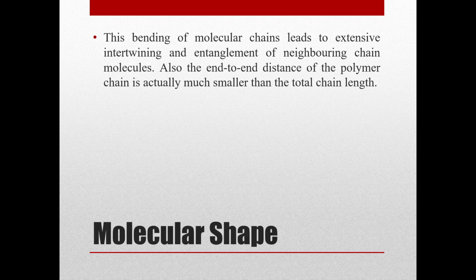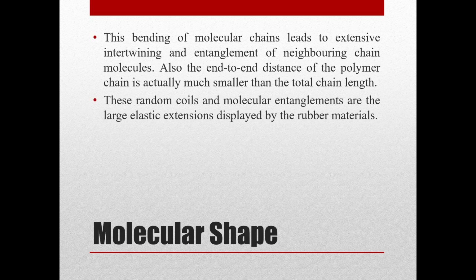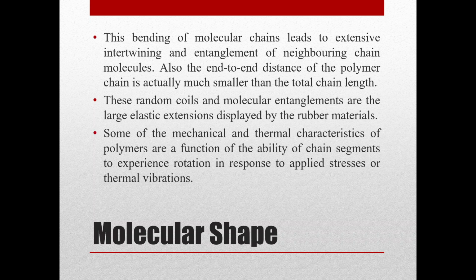So one can imagine the molecular chains to be like fibers in a sliver. These random coils and molecular entanglements are the large elastic extensions displayed by rubber materials. So, mostly in rubber materials, one will find huge molecular chains that are entangled into random coils.